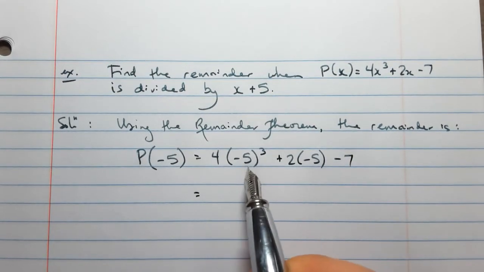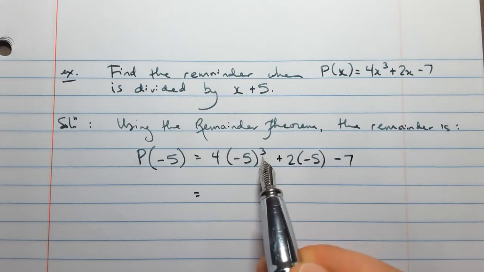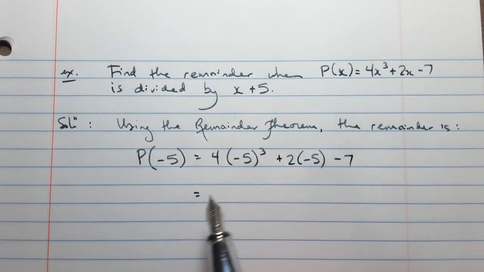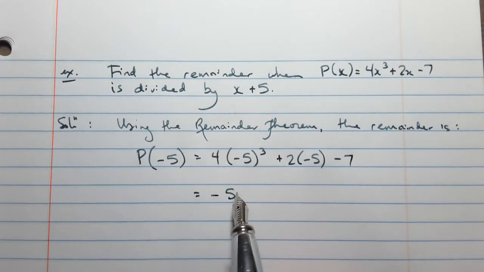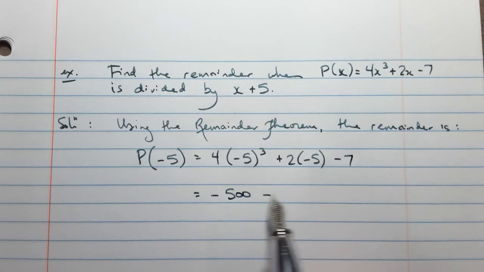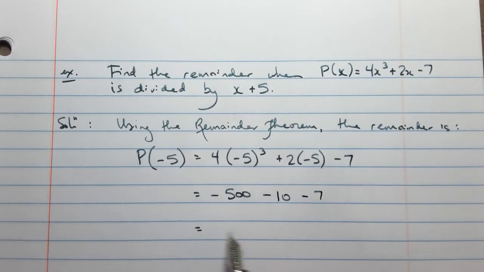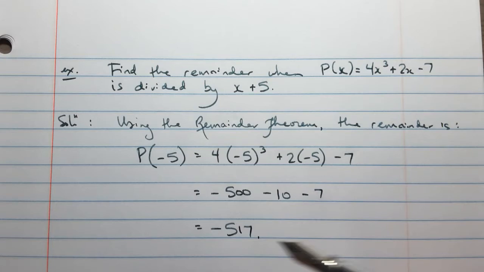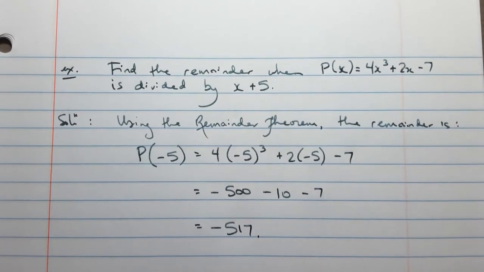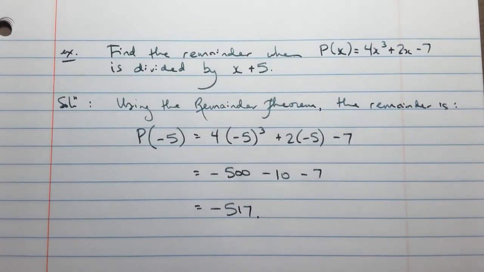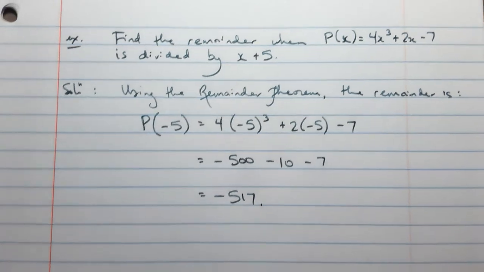Alright, so a little bit of work here. That's negative 125 times 4 is negative 500. And then we have minus 10 and a minus 7, so that's negative 517. So that's the remainder. And we didn't have to go through all the work of polynomial division to find out what the remainder would be. And once again, that's going to be really helpful to us very soon.